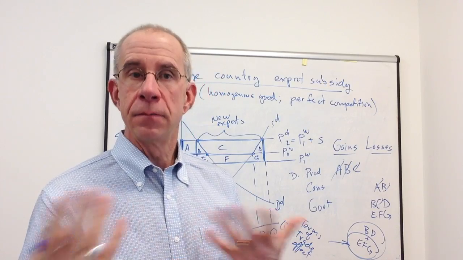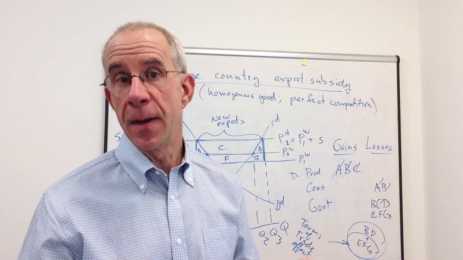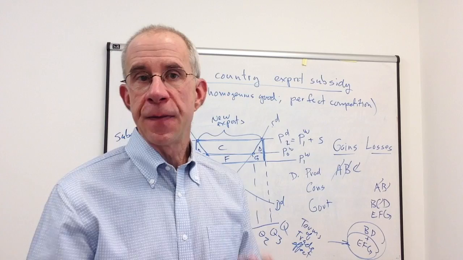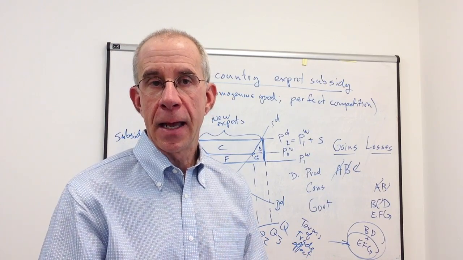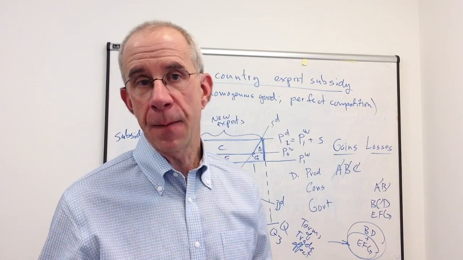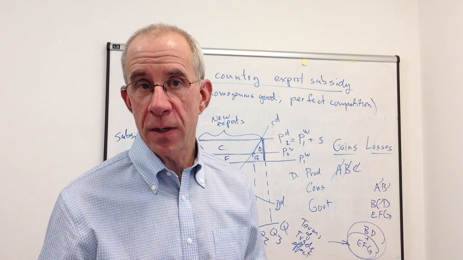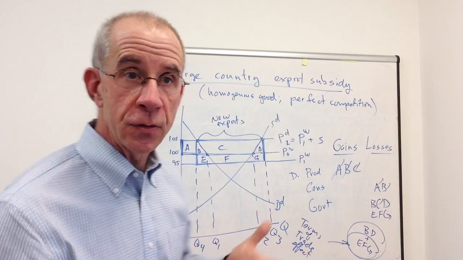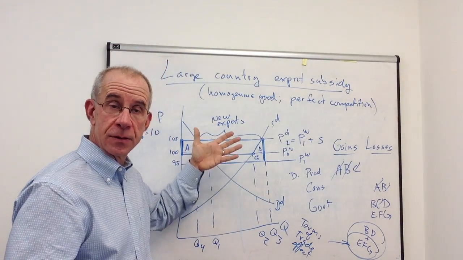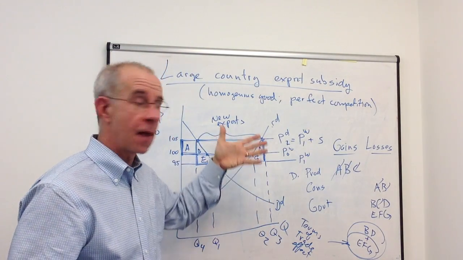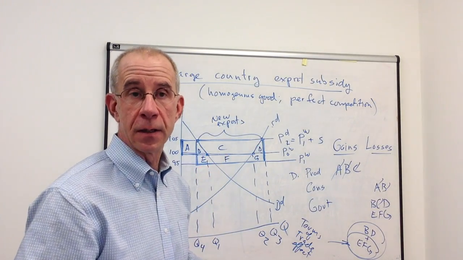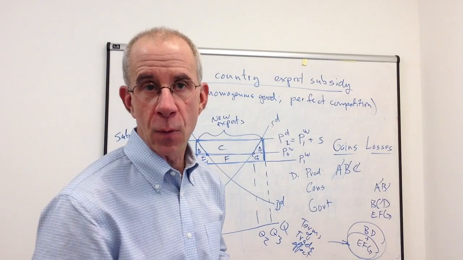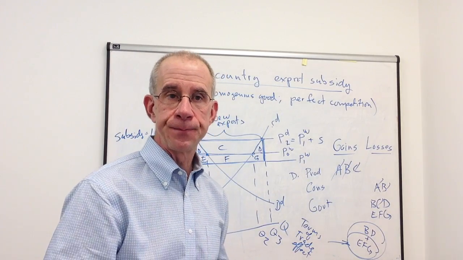And this is why we'll see in a separate video about countervailing duties that governments retain the right to impose a compensating duty, an increase in tariffs, if other countries provide subsidies that lower the world price and hurt the industries in the importing country.